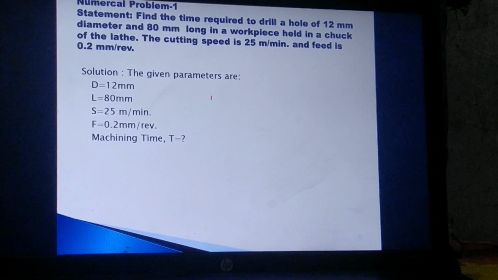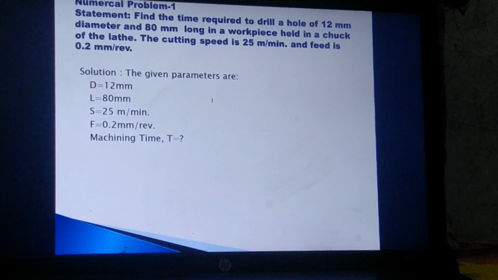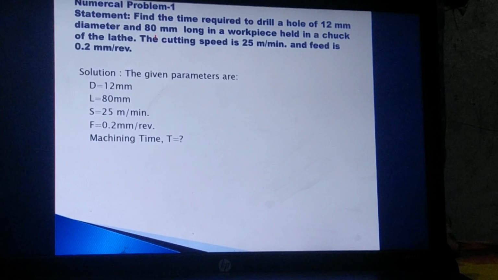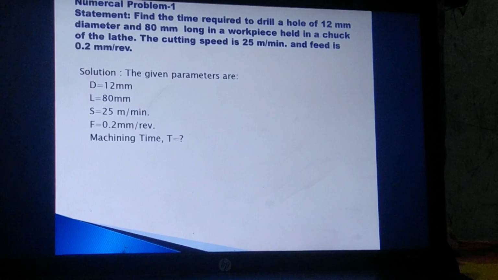Now we will take one numerical based on drilling operation. The statement I will read: find the time required to drill a hole of 12 mm diameter and 80 mm long in a workpiece held in a chuck on a lathe.